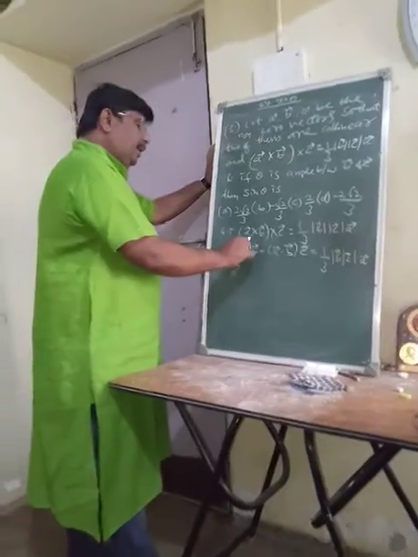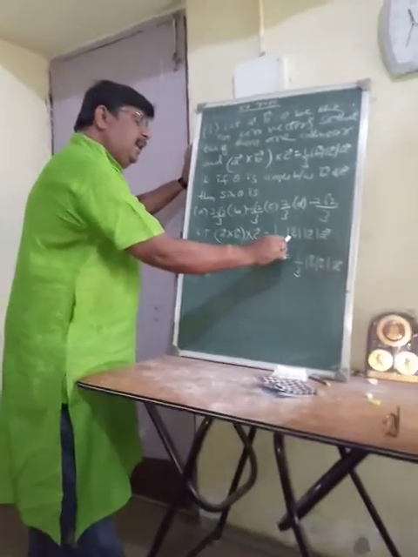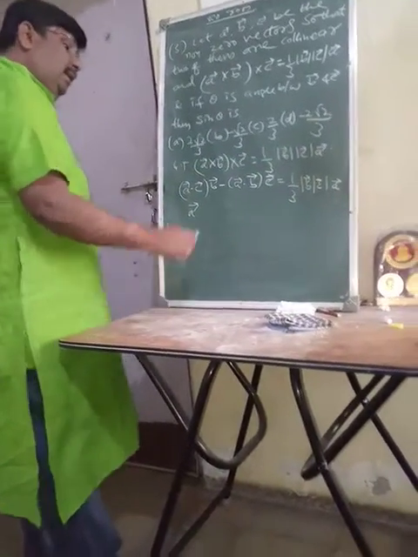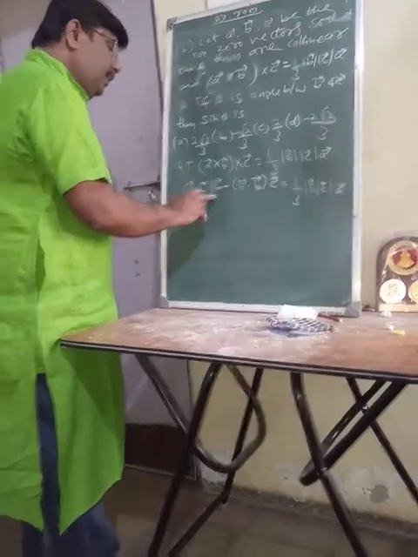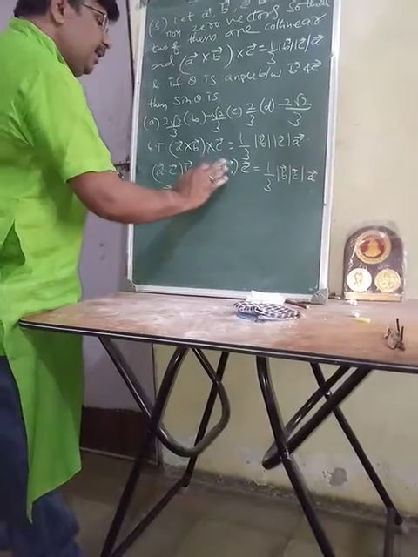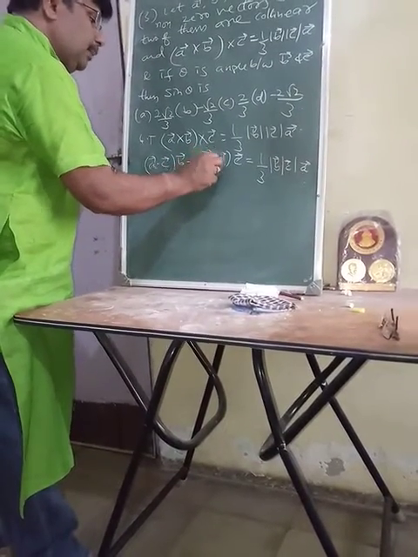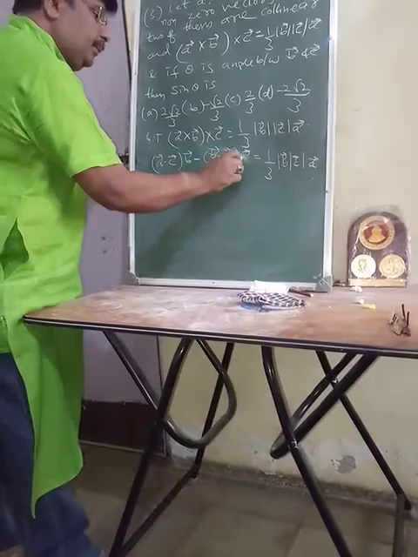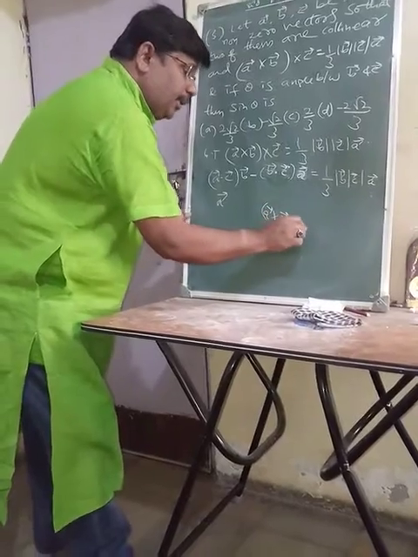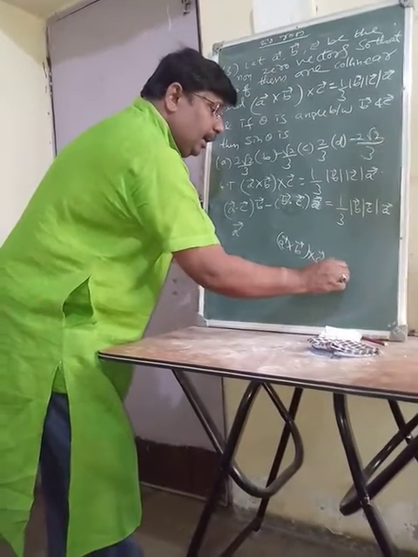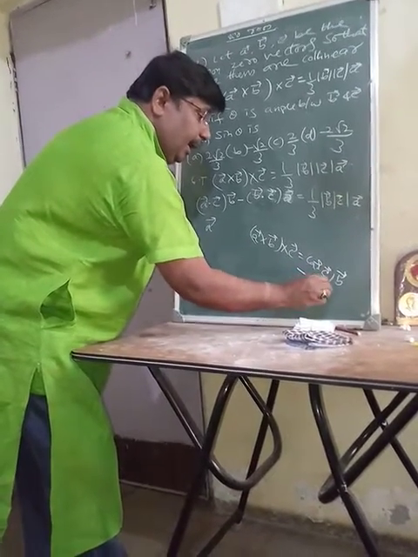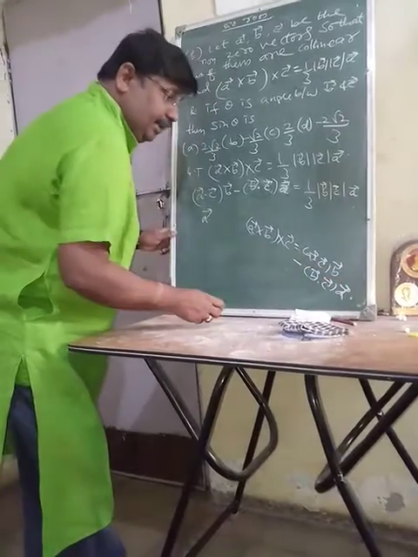So A cross B cross C equal to 1 by 3 magnitude of B into magnitude of C into A. Here this can be defined as A dot C B minus B dot C A. It is not A dot B C, because it is given A cross B cross C equal to A dot C B minus B dot C A, in the formula I gave you at the beginning of this class.